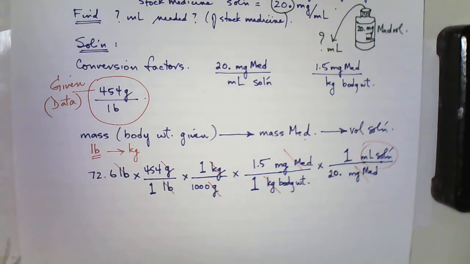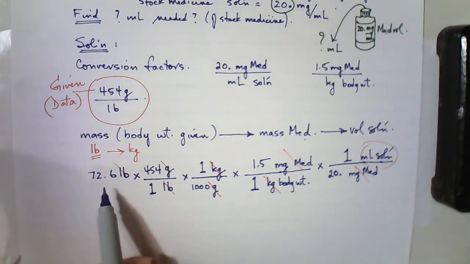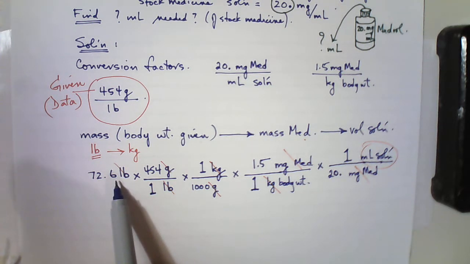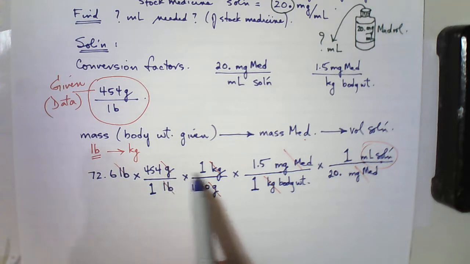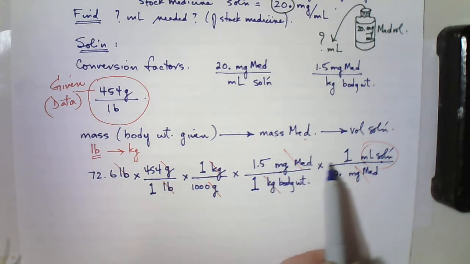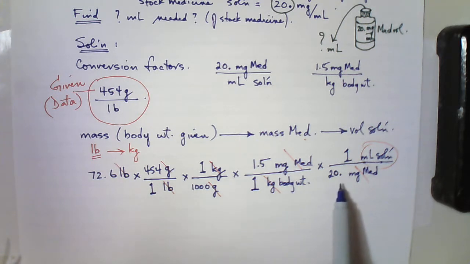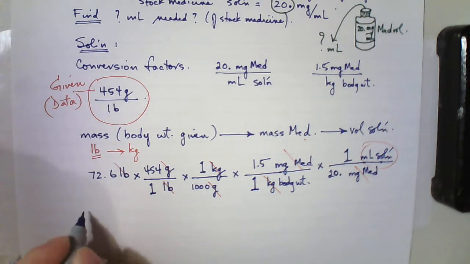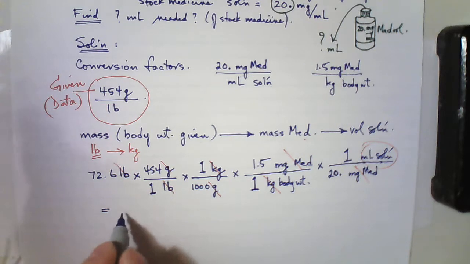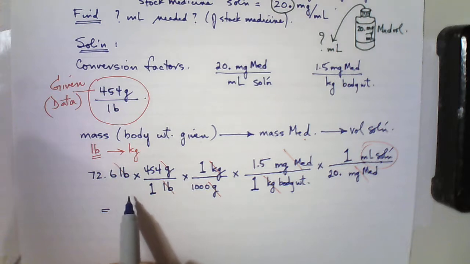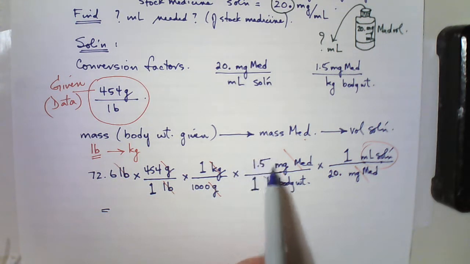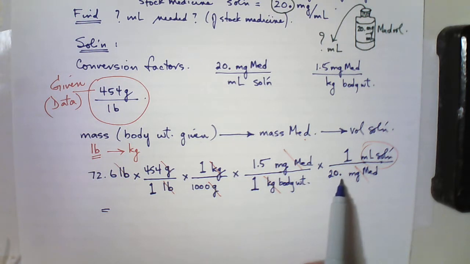And so in your calculator, you're multiplying 72.6 times 454 times 1.5 divided by 1000 divided by 20. And that comes out to a value of 2.47203. How many significant figures do you want to carry? I'm looking back. That's my limiter right there. This is 3 because of the decimal.